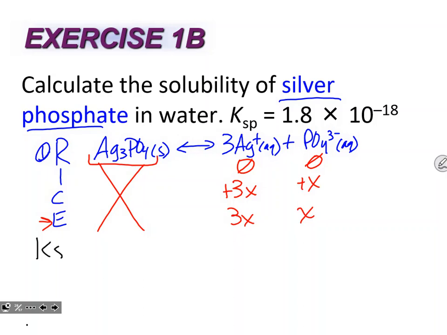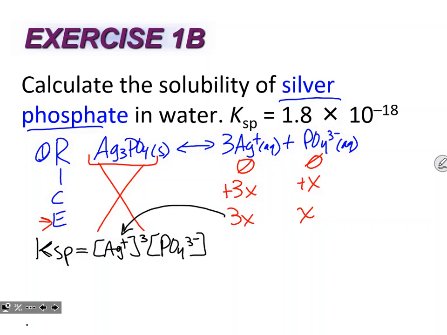Writing out our KSP expression, we get the concentration of the silver raised to the 3rd times the concentration of the phosphate. And here we go, we plug in the 3x and the x.